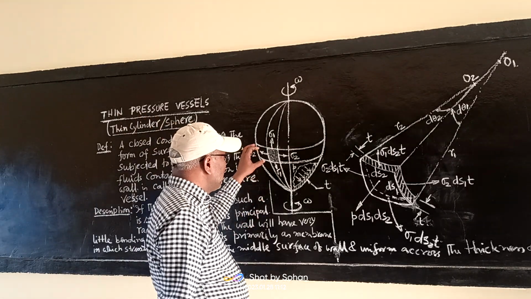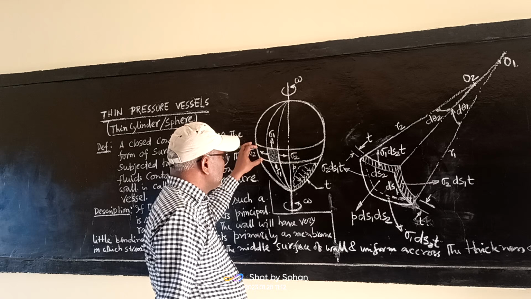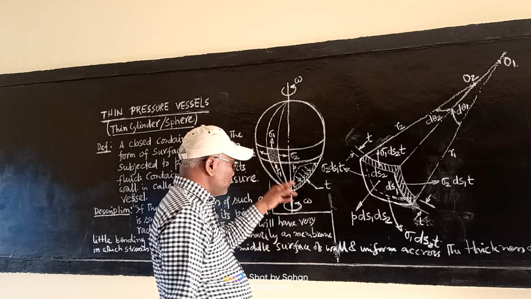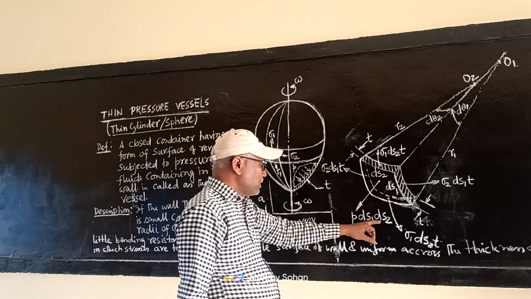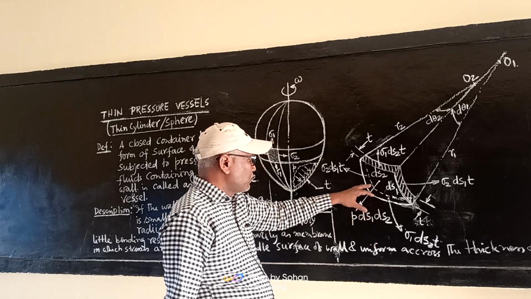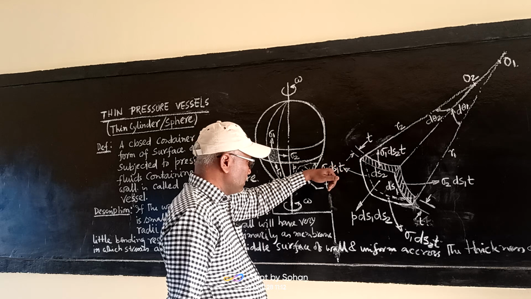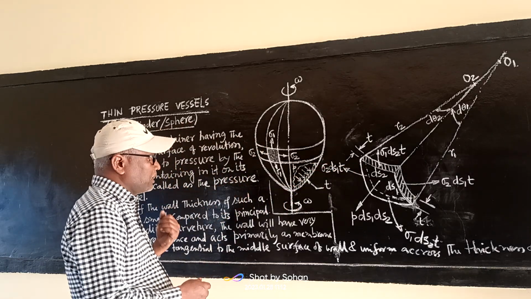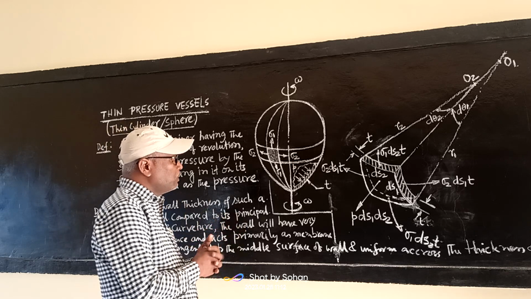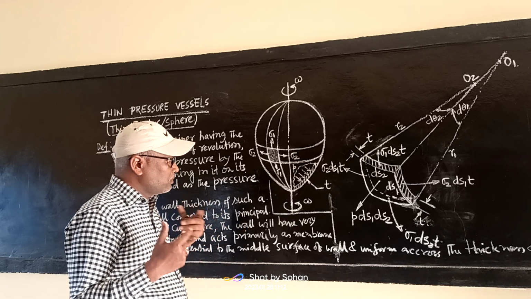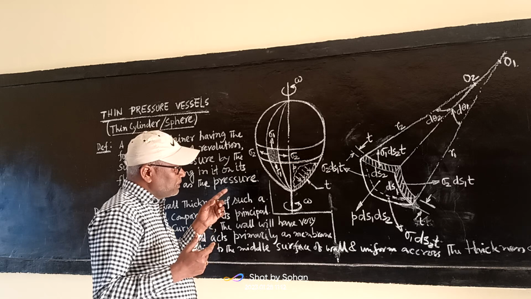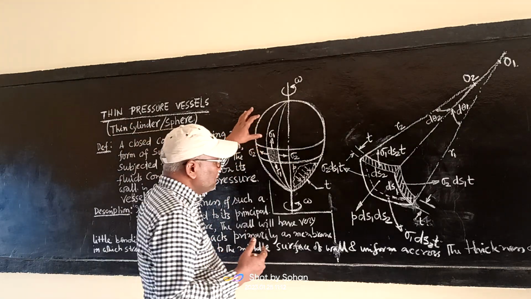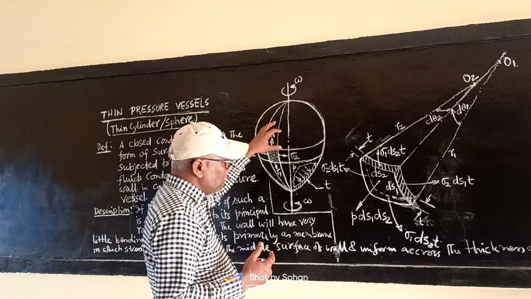When we isolate it from this vessel, that element will be subjected to pressure force, that is p ds1 ds2, the surface area over which the fluid pressure will exert, and try to take this element outside. But for the static equilibrium of the element, there will be resistance by the material of the wall of this pressure vessel.